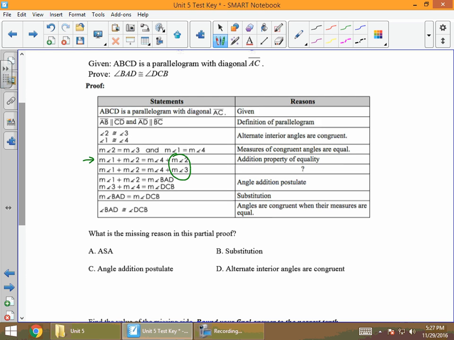And what allows me to make that change? If I look back at the previous line, the measure of angle 2 is equal to the measure of angle 3. So I can replace the measure of angle 2 at any time with the measure of angle 3 by substitution. This is substitution.